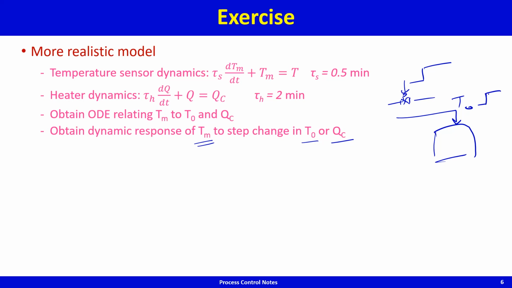But then there are sensor dynamics. There's an ordinary differential equation relating the sensor dynamics, and another ordinary differential equation relating the heater dynamics to the demanded controller Q. I'm just saying that tau s and tau h are 0.5 and 2 minutes respectively. This is a more realistic system.